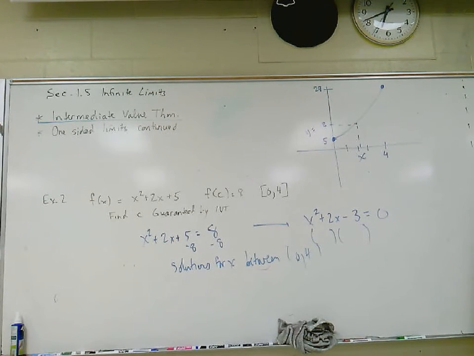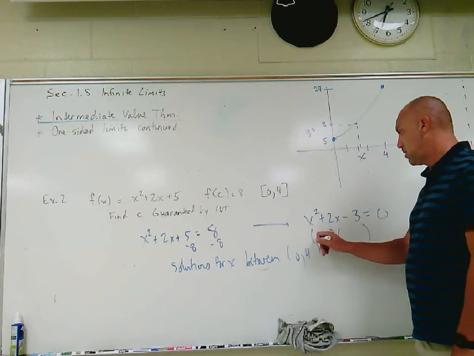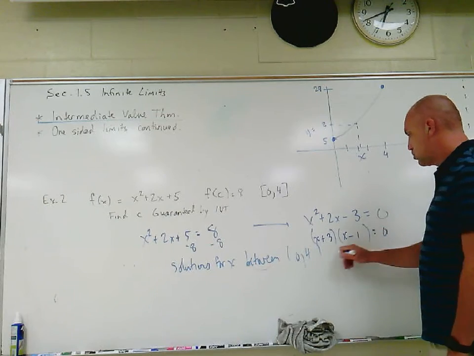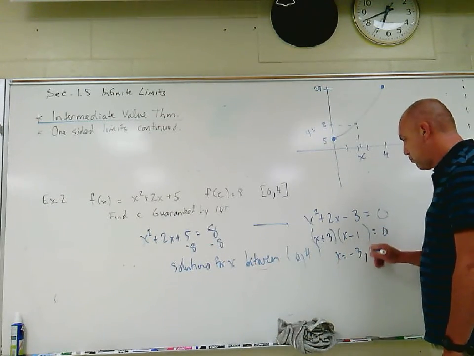What are the only 2 numbers that multiply to give 3? 3 and 1. Now I need to place them in there so that when they add, I get positive 2. So it's got to be (x + 3)(x - 1), and now when you get your answers, you get negative 3 and 1.